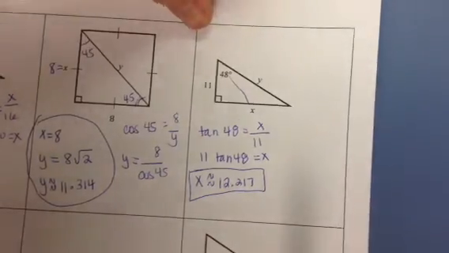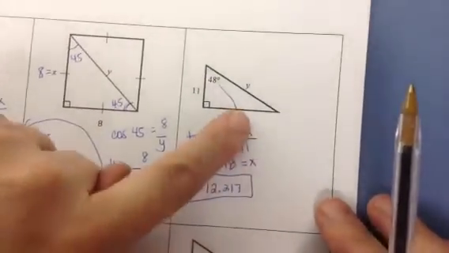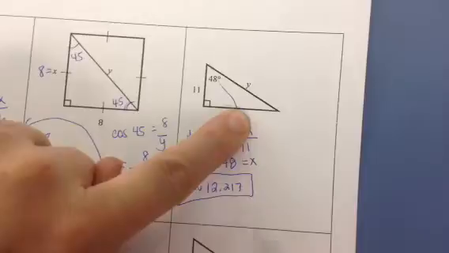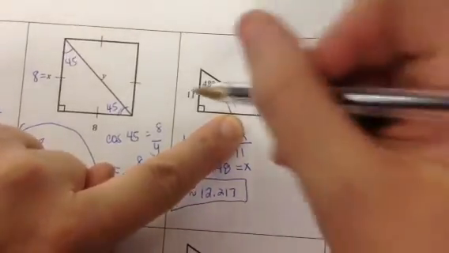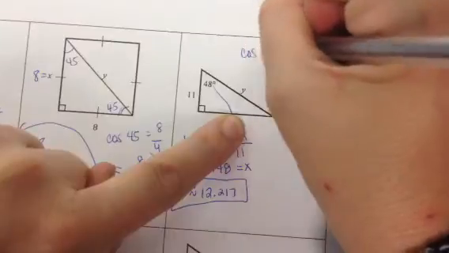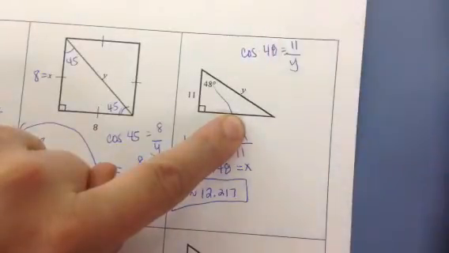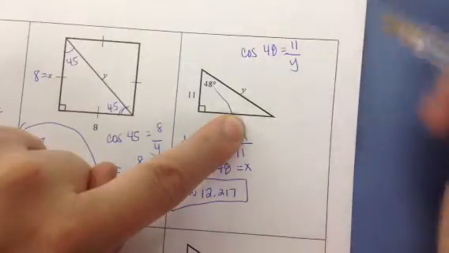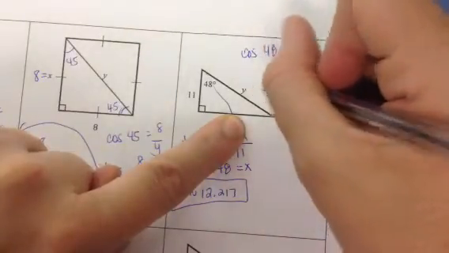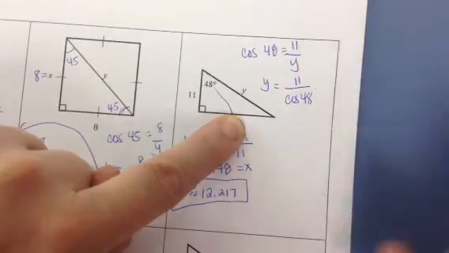Okay, now if we want to find y, I would not recommend using x to find y. I would cover x and solve the problem like x were not there. So this becomes a cosine problem. I could say the cosine of 48 degrees is my adjacent side over my hypotenuse. So that's 11 over y. And then that becomes y equals 11 divided by the cosine of 48 degrees.